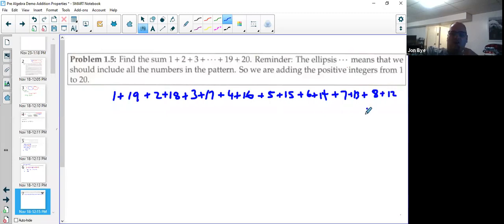And then there's 9 plus 11. What am I missing now from all of my numbers? And then you just write a 10, I guess. Okay. Missing anything else? And the 20.